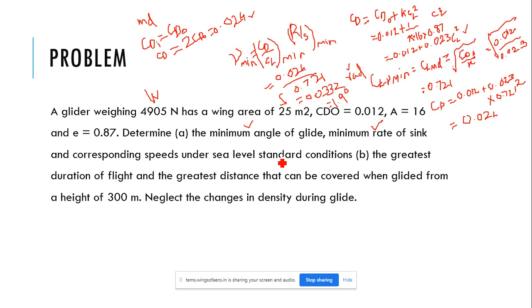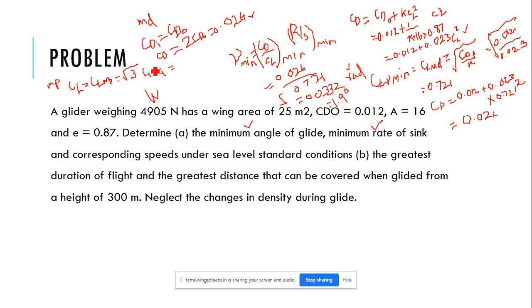So next thing is we need to find the value for CL and CD at minimum power condition, for finding the rate of sink minimum. For minimum power condition, CL is equal to CLMP, the minimum power, that is equal to square root of 3 into CLMD.